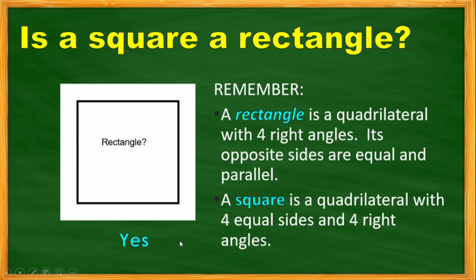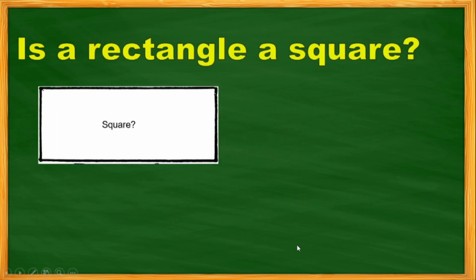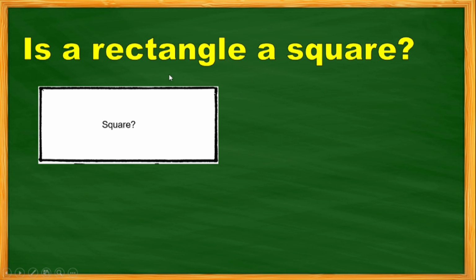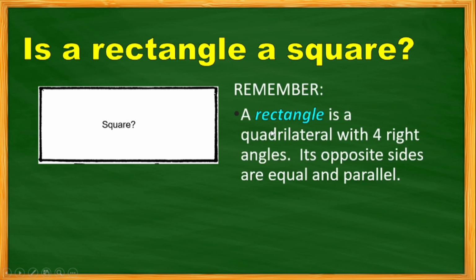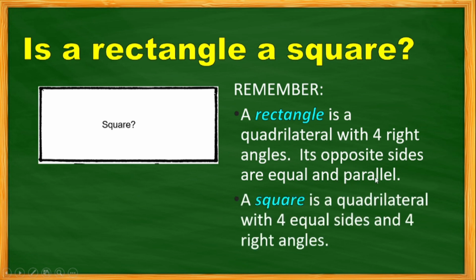So we can say that the square is a rectangle. So yes. And then for this one, a rectangle is a square. So remember again, by the definition, a rectangle is a quadrilateral with 4 right angles and opposite sides equal and parallel, and a square is a quadrilateral with 4 equal sides and 4 right angles. So let's analyze the definition.